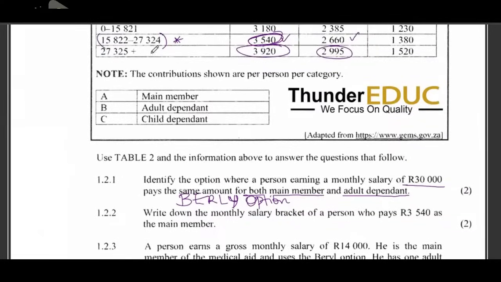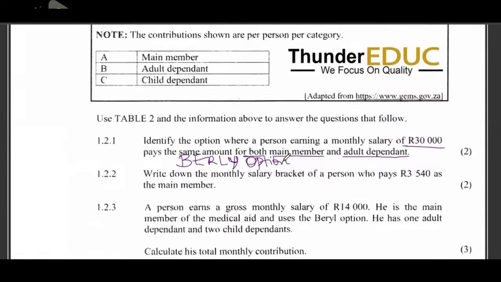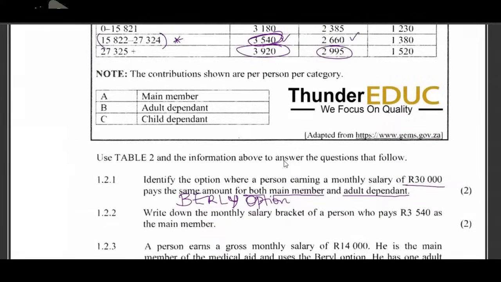It's from 15,822 to 27,324. We are writing down the bracket.